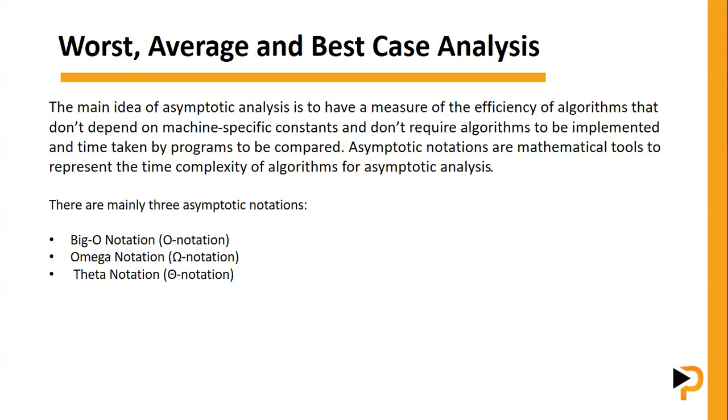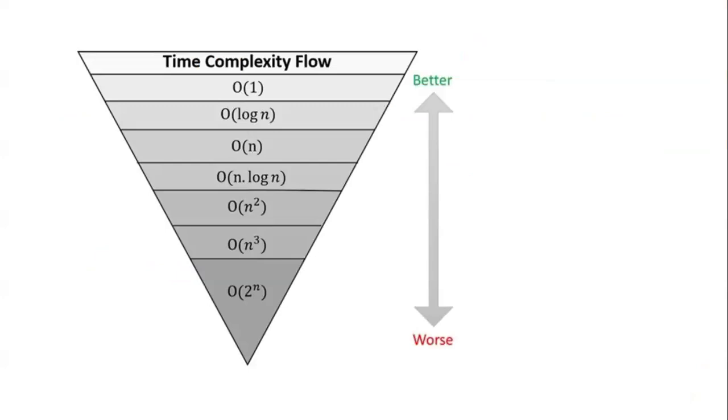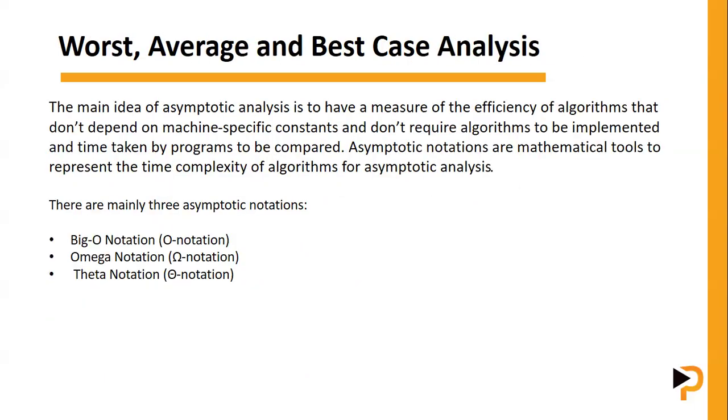So when we observe the previous slide, all the complexity we mentioned over there is in the form of O notation, right? So why? Because big O notation represents the worst case scenario. Best case and average case scenario, we don't have to take care of so much, but we have to take care of the things which are nothing but worst case scenarios.